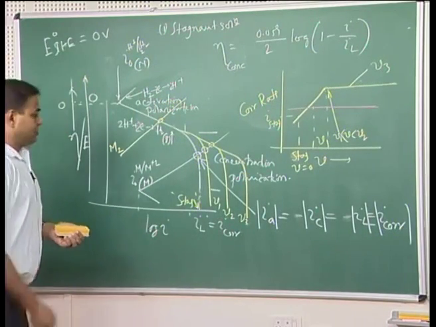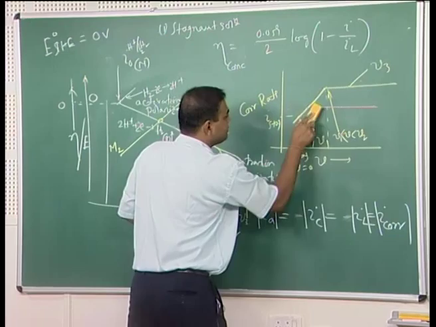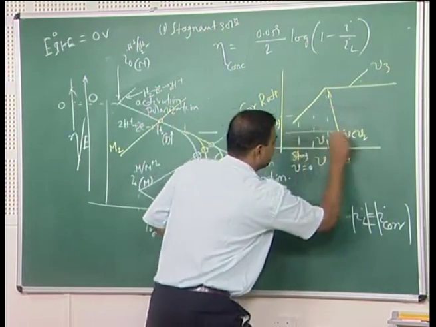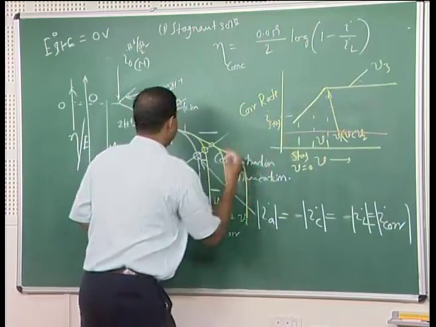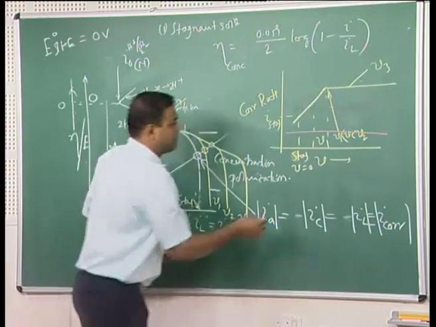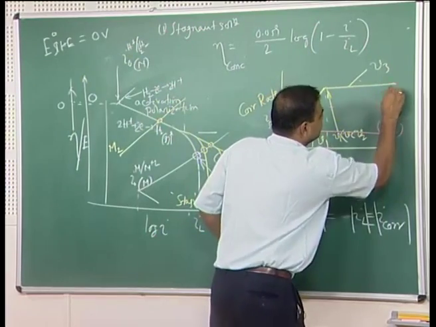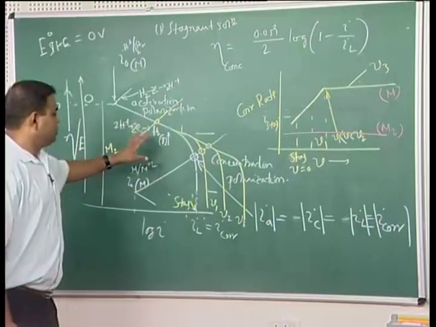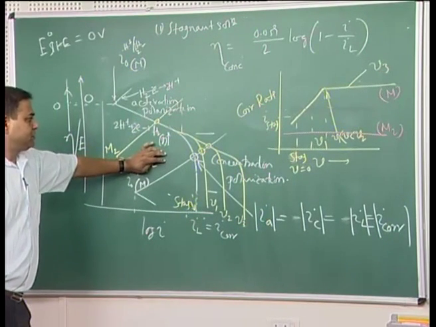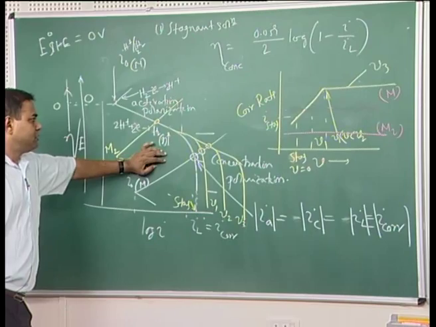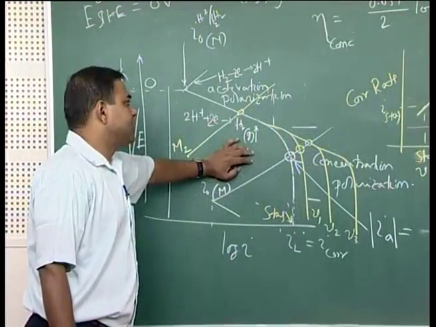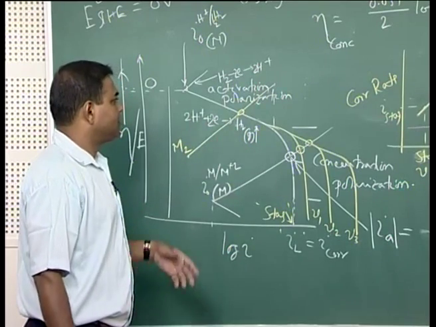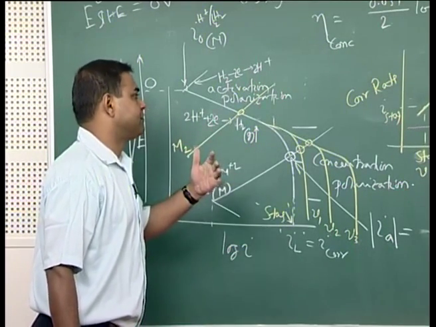Fine. So, if you consider the actual scale from the figure, this point would be here. So, this is my corrosion rate for this M2 case. This is M2 and this is M. So, we see that because of concentration polarization from the cathodic end, and if the anodic polarization is only activation controlled, then we see that in two cases the corrosion rate has different natures.